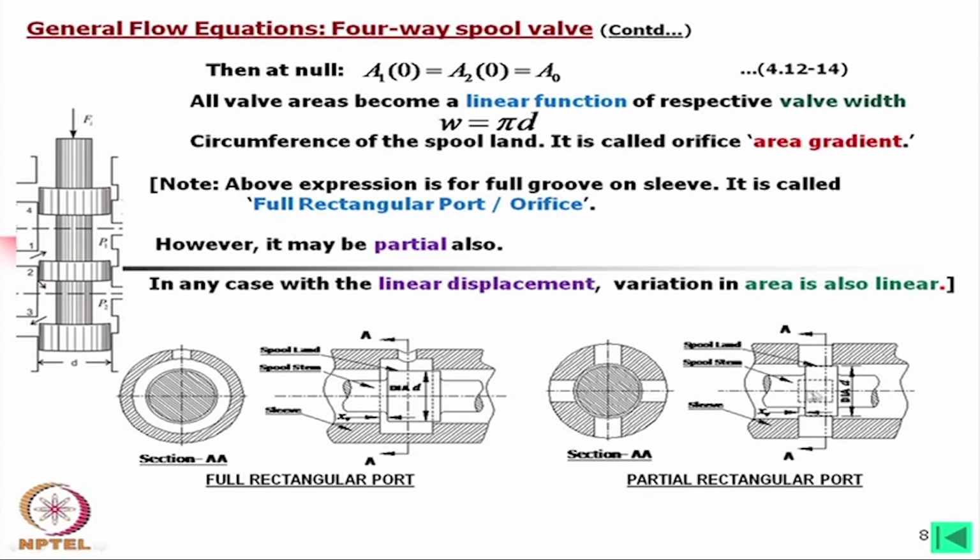One may optimize what the circular arc at the corner should be for better performance, that can be done. But in reality there will be a circular arc, but that can be neglected for practical calculation.